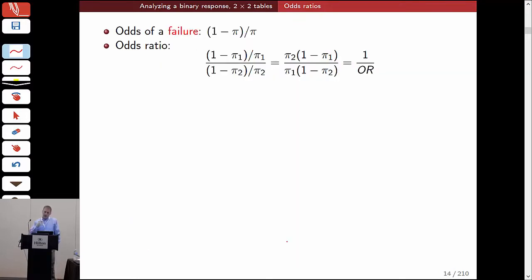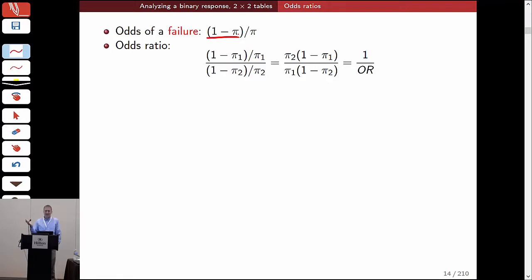Where things can get a little more complicated is if, instead of an odds of success, you're interested in odds of a failure. You're just turning things around, focusing on the second column in that 2x2 contingency table rather than the first one. What's an odds of a failure? It's simply the probability of a failure divided by the probability of success.